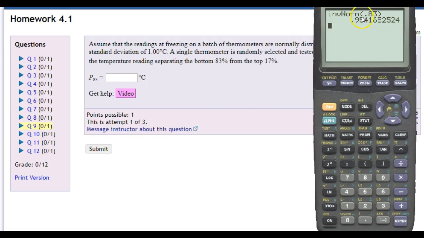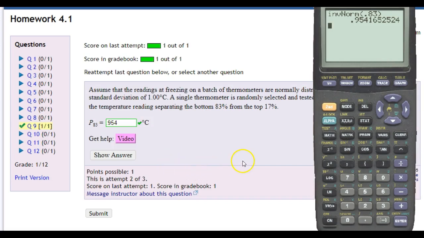In this case, as you can see, it's 0.954 because we want it rounded, as mentioned before, to 3 decimal places. So you need an additional decimal that the Z table will not give you. So in this case, it's 0.954. That's it, 3 decimals. And there we go, you get the problem right.